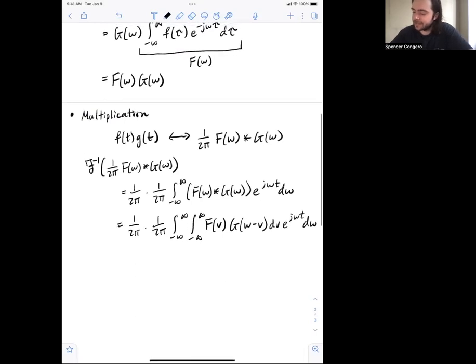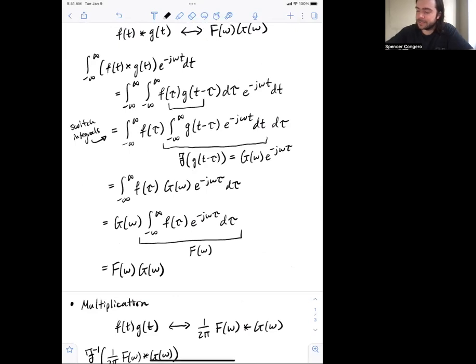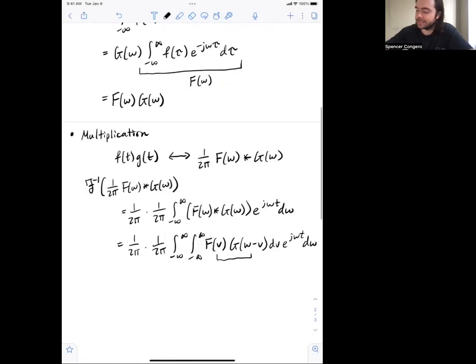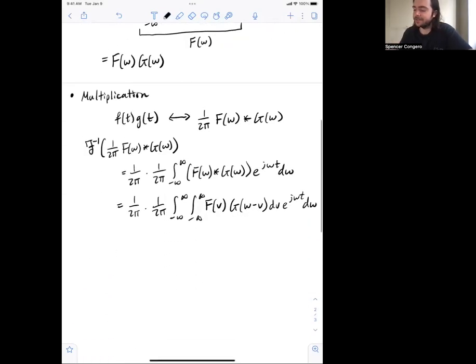You can see again that these arguments always add up to the variable that our resulting function will have, in this case omega. So v plus omega minus v is omega, and that is the variable we were using in our convolution. Same thing up here, tau plus t minus tau is t, and that was the variable we were using in our convolution. That's kind of the hallmark of convolution: those arguments add up to the variable we started with.